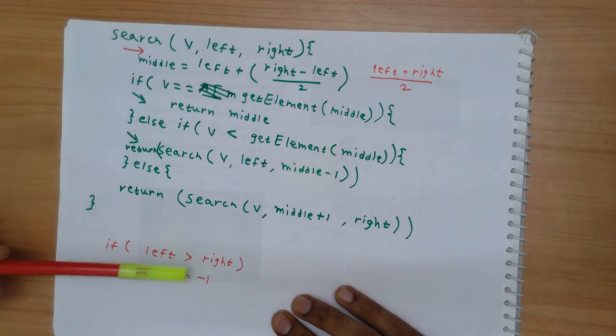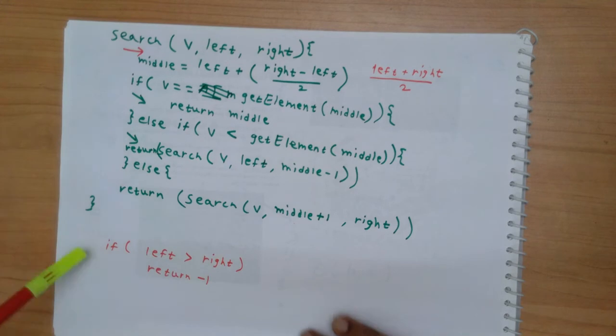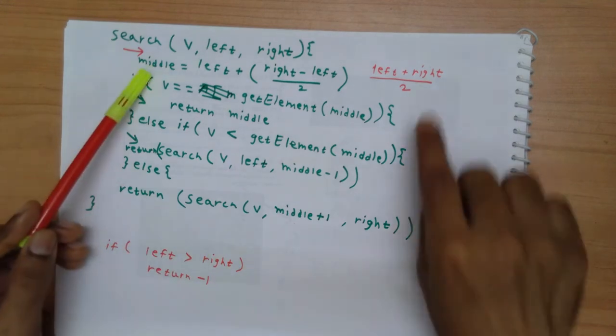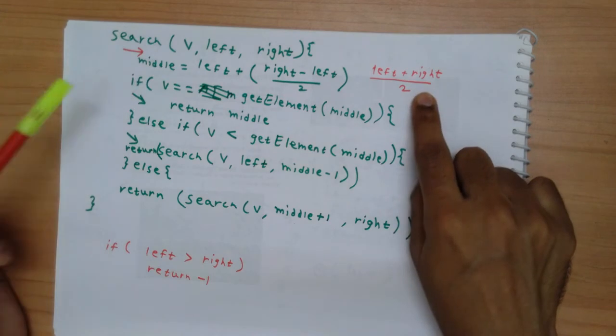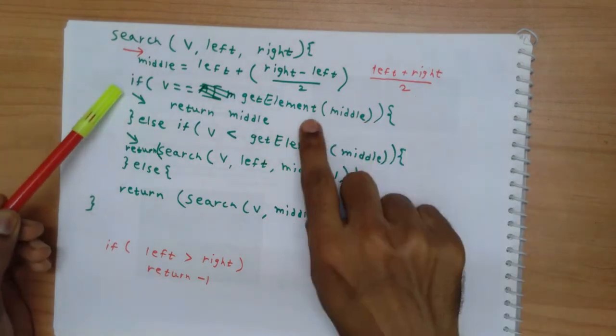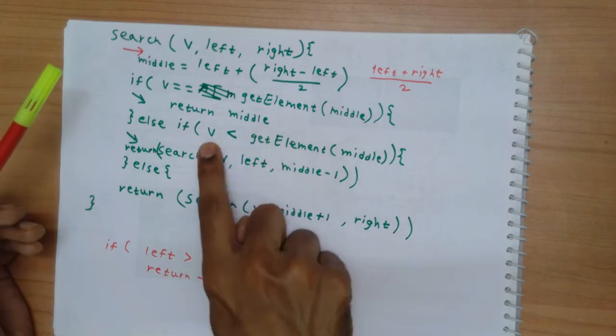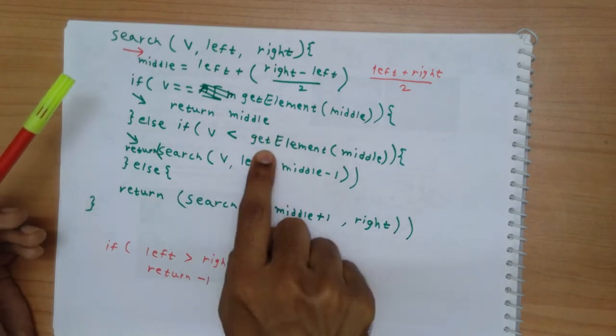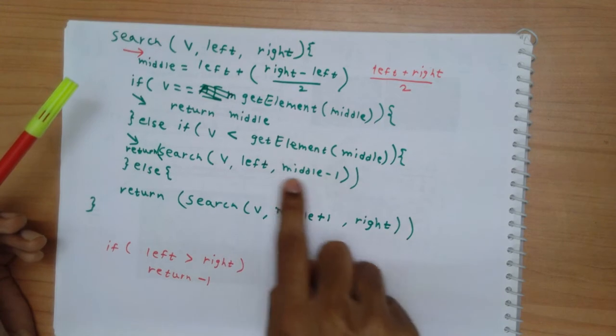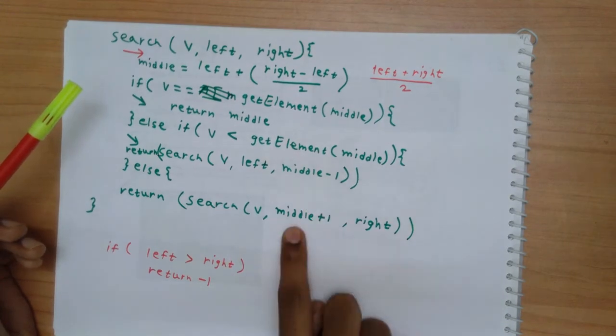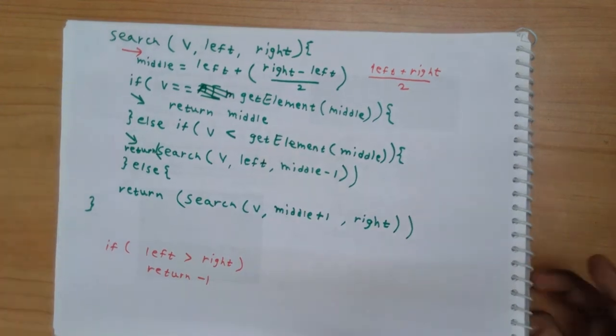If that's the case, we have exhausted our search and the value is not present. Otherwise, we find the middle element, and if we find the value at the middle element, we report that index. Otherwise, if the value is less than the middle element, we search to the left of middle. Otherwise, we search to the right of middle. That was the idea of binary search.